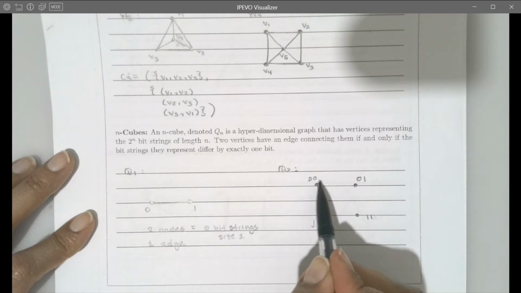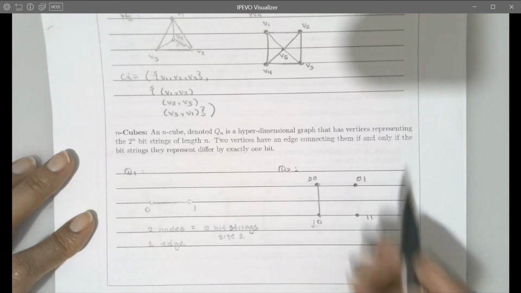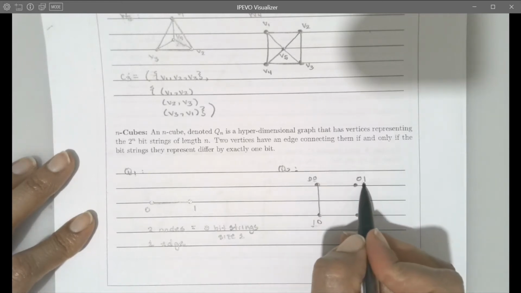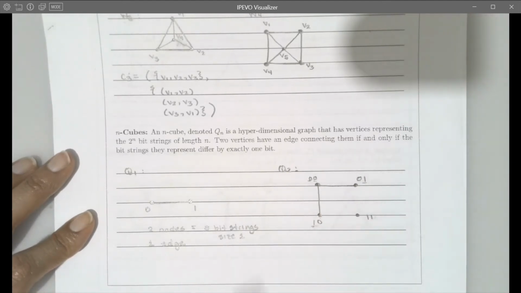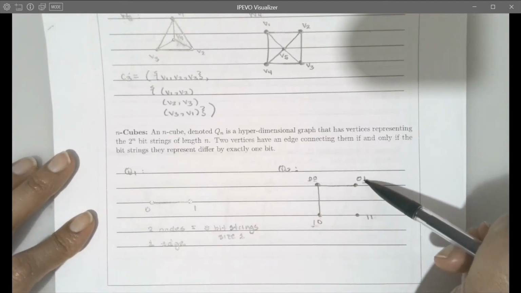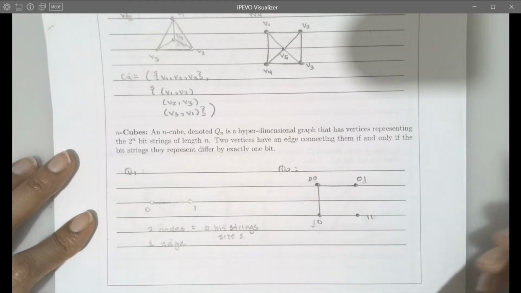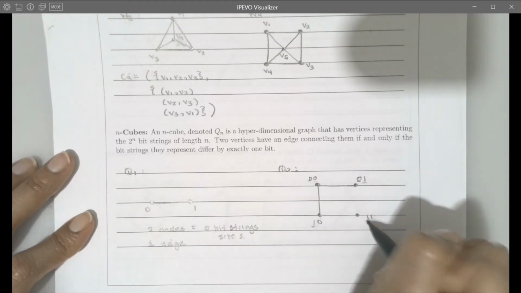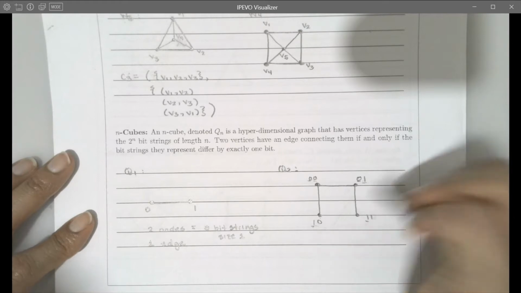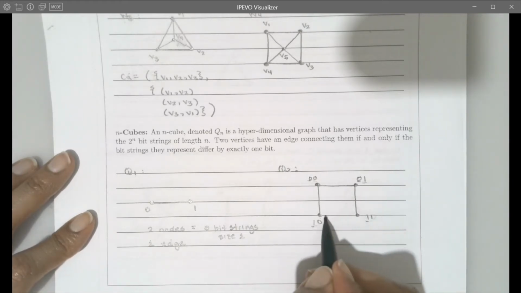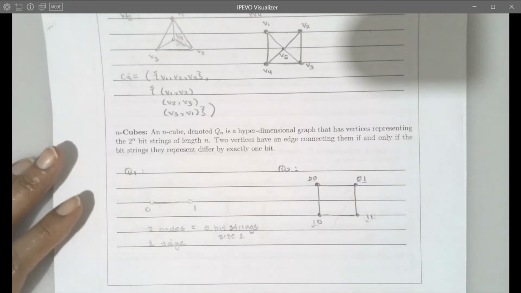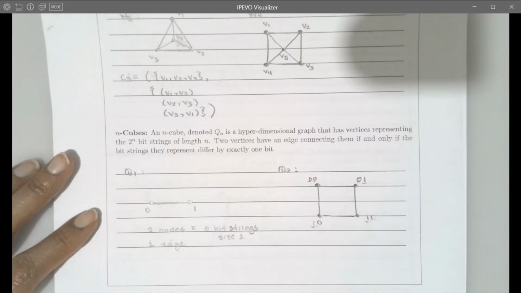Now if we take a look at 0, 0 versus 0, 1, those also differ by 1 bit, which is the second bit, so we would draw the edge there. Compare the 0, 1 with the 1, 1, and they differ only in the first bit. And finally, if we compare the 1, 0 with the 1, 1, those also differ in 1 bit, so we would draw an edge.